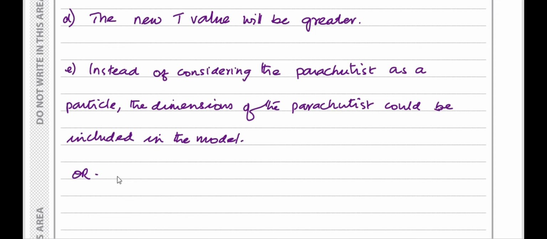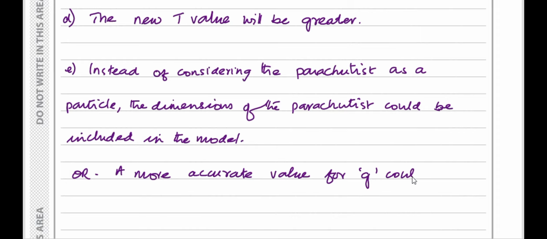Alternatively, you could also say a more accurate value for acceleration due to gravity could be considered in the model. Only one of them is required.